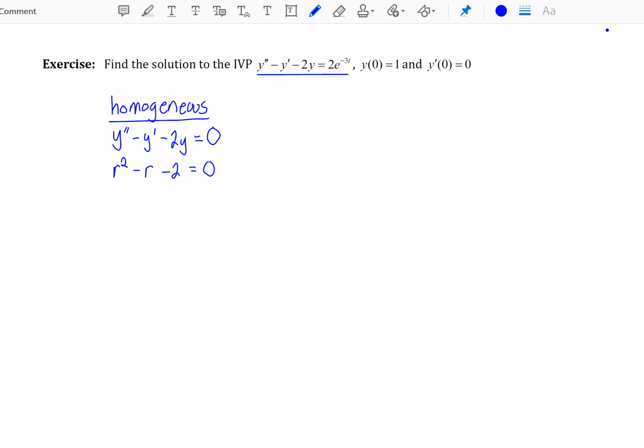Notice that our characteristic equation is factorable as r minus 2, r plus 1 is equal to 0, which gives us two distinct roots to our characteristic equation. R is equal to 2 or r is equal to negative 1. And I'd like to give you caution here. A lot of students make a simple algebraic error by forgetting to change their sign. Be careful of that here so you don't have just simple errors.